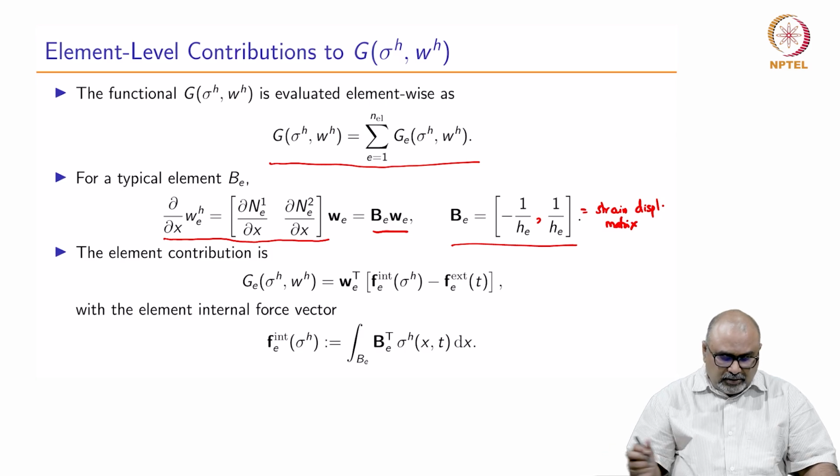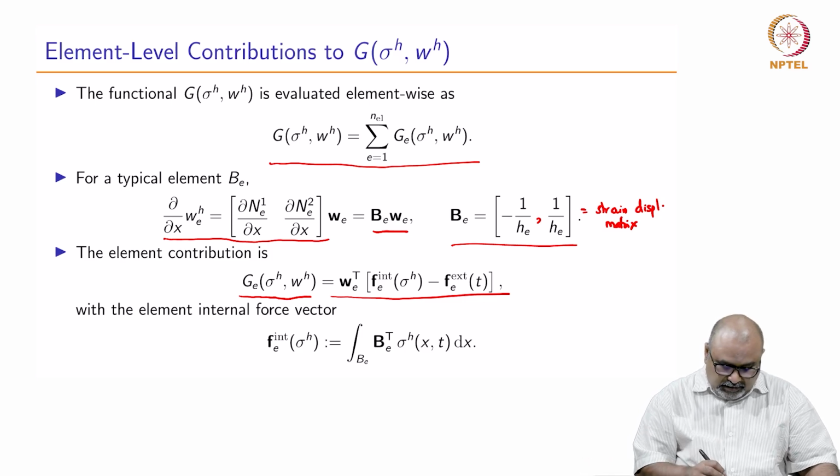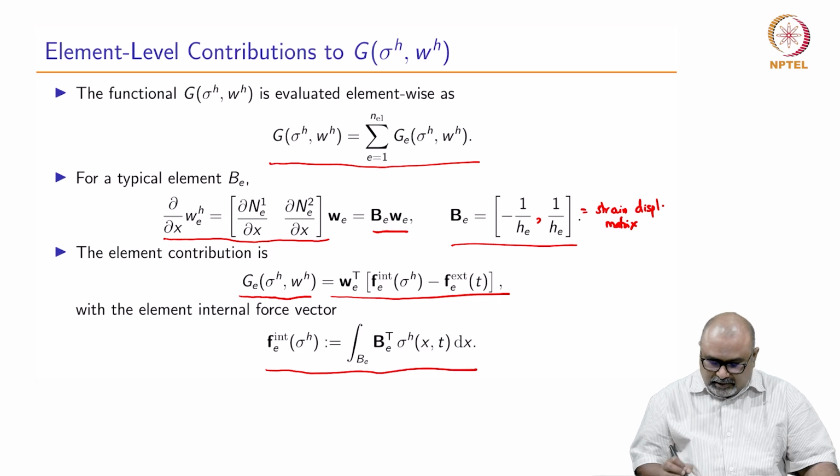So, the element contribution can now be written as G^e of sigma^h comma w^h is equal to w^e transpose times F^e internal minus F^e external. The element internal force F^e internal of sigma^h is defined as integral over the domain of the element of B transpose sigma times dx.